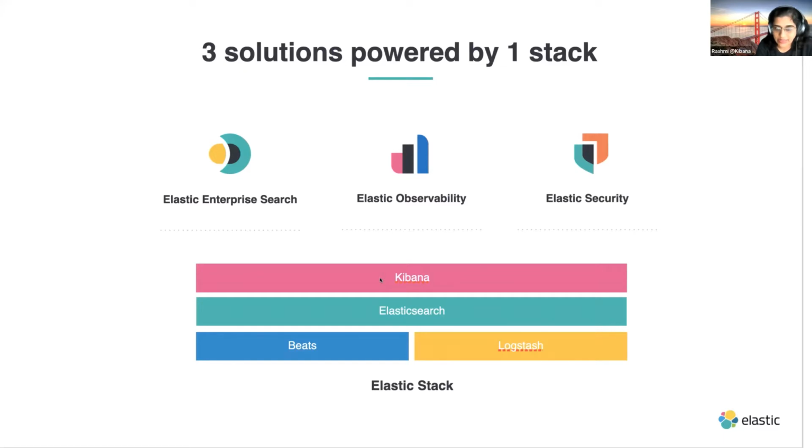On top of it is our visualization engine and GUI, which is Kibana. And then the Beats and Logstash, these are our lightweight data shippers. And I would like to divide it into three major solutions: one is Elastic Enterprise Search, then observability, and then security.